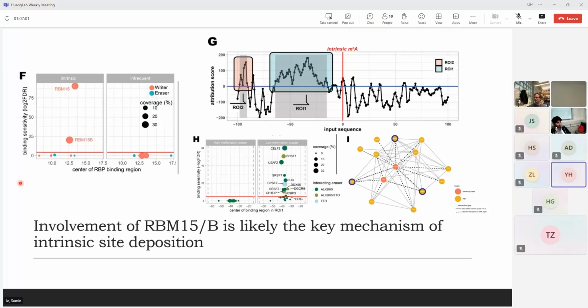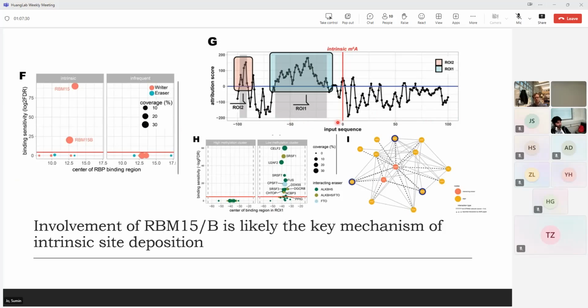So you and Ting He used this M6A classification model, right? And trained to classify M6A intrinsic sites from infrequent sites. Am I right? By using the neighboring 100 or 120 base pairs upstream and downstream of M6A sites.